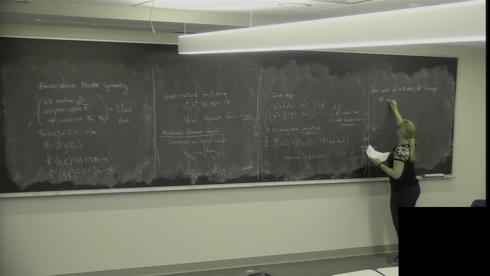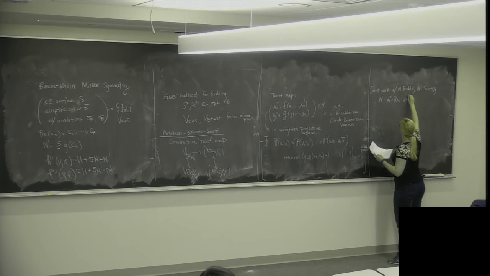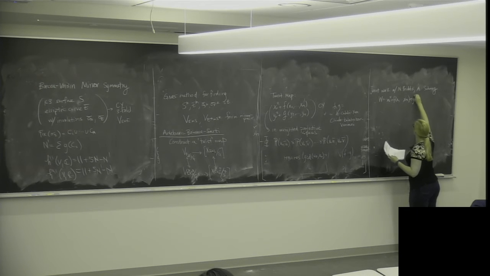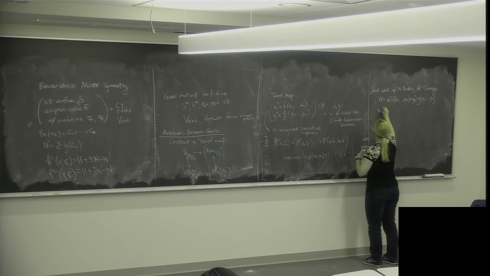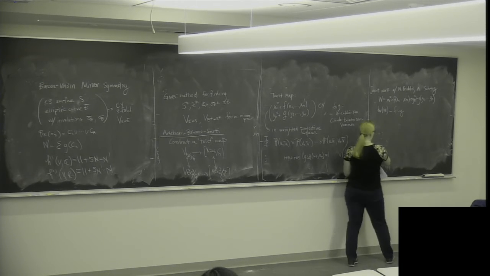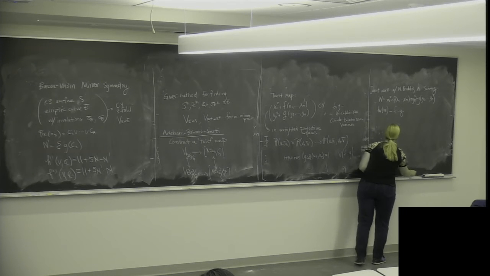Let W be the sum of something that looks like what I've just described. And we'll say the twist of W is f minus g, just like I described over there.